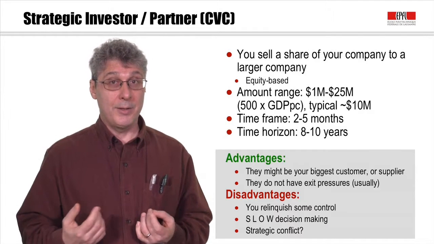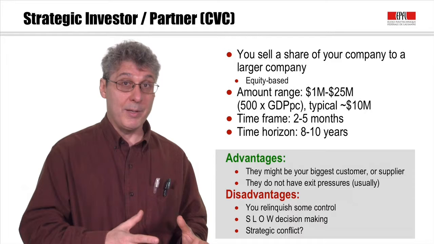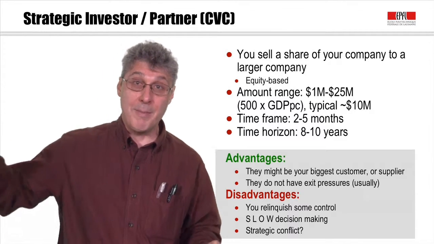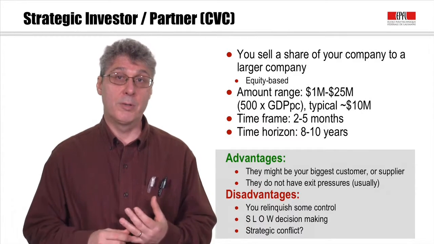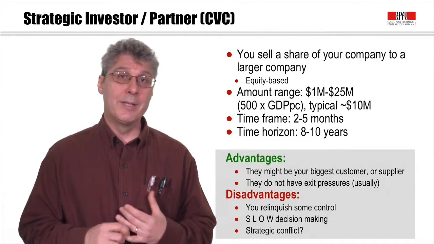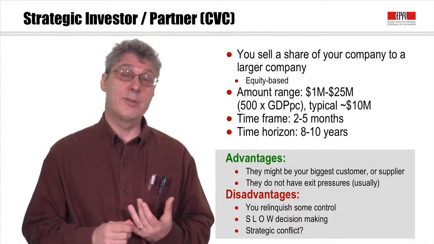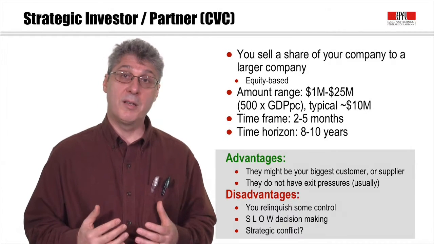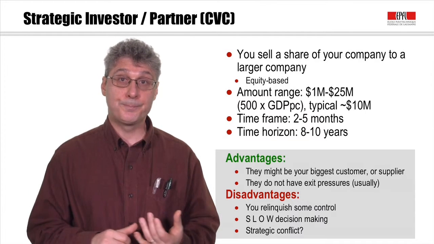On the other hand, if they're looking for more of a strategic return, in other words, is your company going to stimulate complements that are going to stimulate demand for their product, they may be willing to wait a long time before trying to cash out of your business. So the time horizon could be a relatively long and patient, 10-year period before they would even think very much about trying to exit the business as an investor.